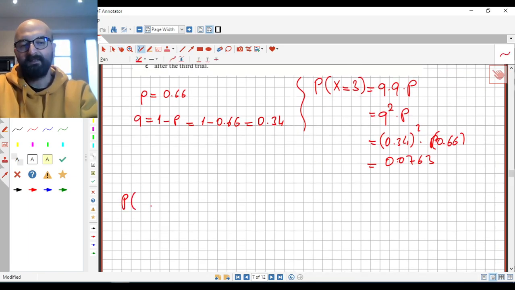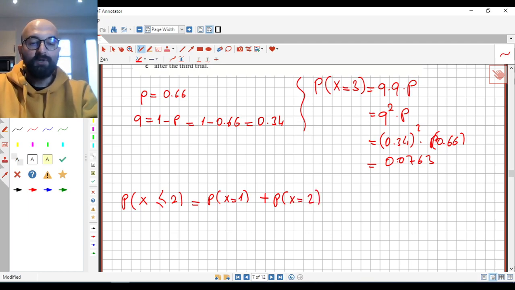And part B, on or before the second trial, which means we can get success in the first trial, or we can get success in the second trial. If we want success in the first trial, that is p.